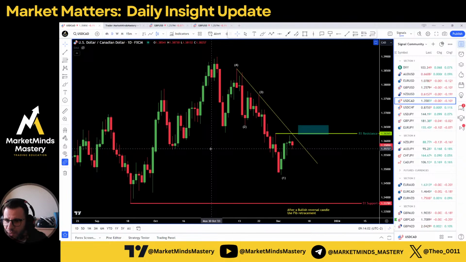USD CAD. This currency pair, I explained it before. It's the only currency pair that is very, very clear in terms of trend. Now, maybe this trend is going to break, and there is a downtrend now. Maybe it's going to turn to an uptrend after the non-farm payrolls. Who knows?